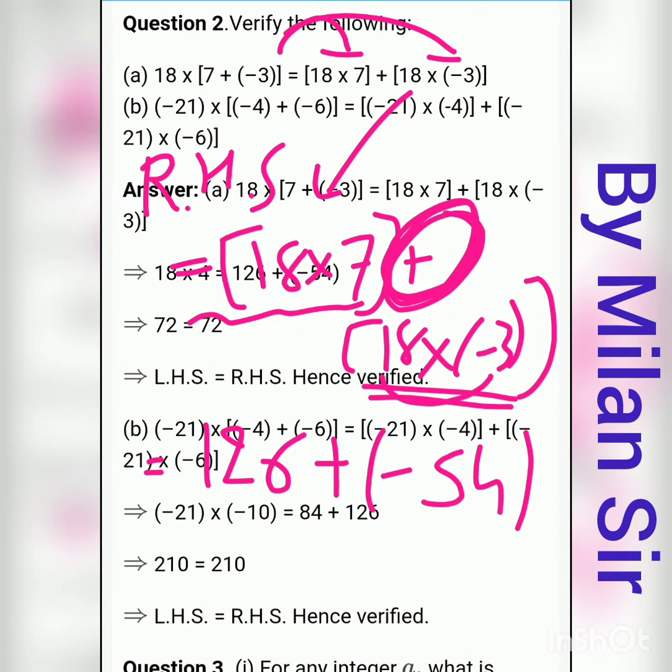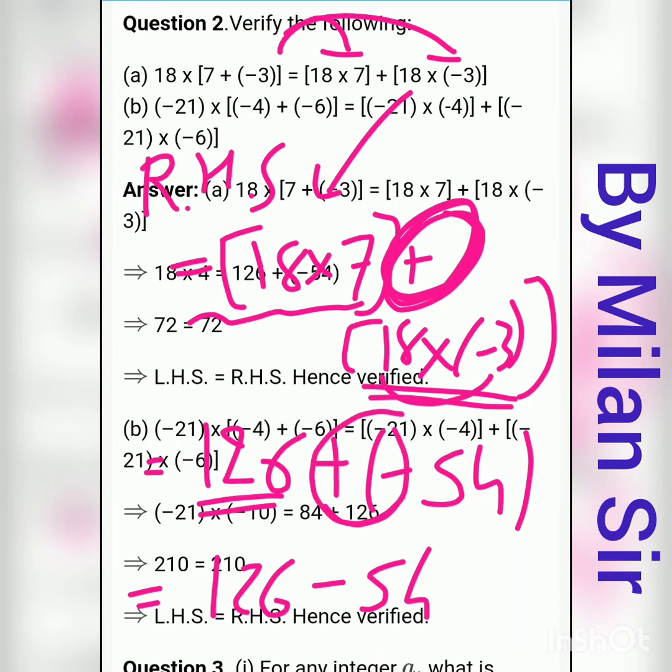Now we need to solve these two numbers. First 126, then plus minus minus 54. The first number 126 as it is, and here plus minus minus 54. Here we have two signs, so we need to convert them to a single sign, so minus 54.